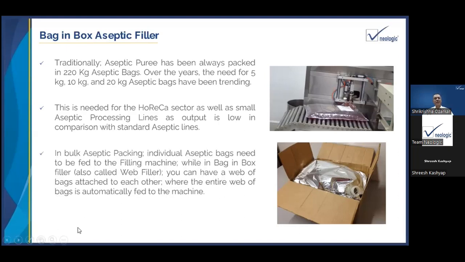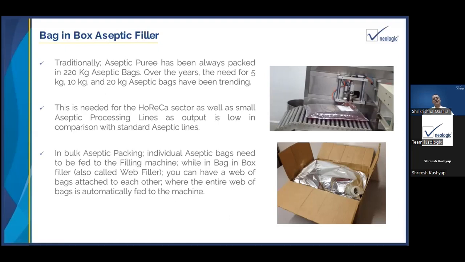In bulk aseptic packing, individual aseptic bags need to be filled. So the operator actually has to feed the bag to the filling machine. There are clamps or a fixture which hold the bag, and then the machine takes the rest of the course for filling, sterilization and other things. But in the case of bag-in-box, what we call a web filler, the bags are attached to each other, and I have to just feed the first bag.